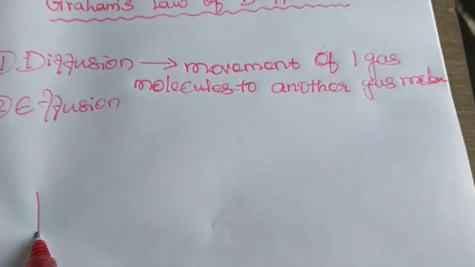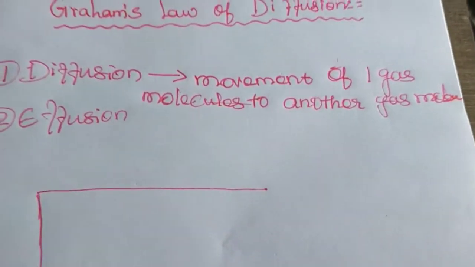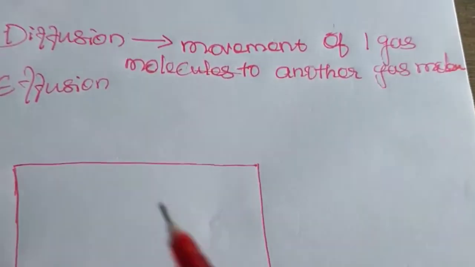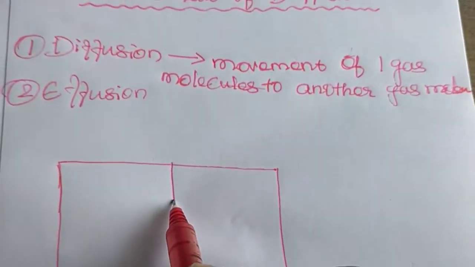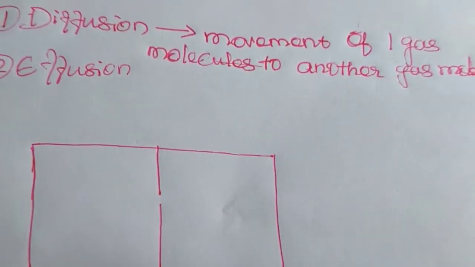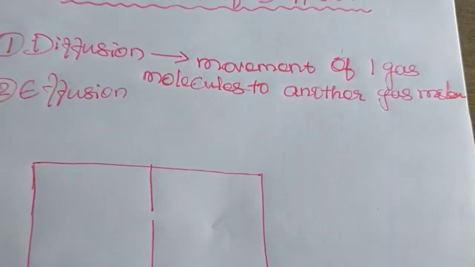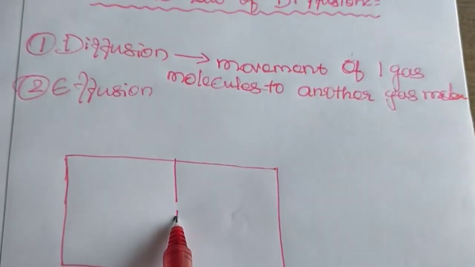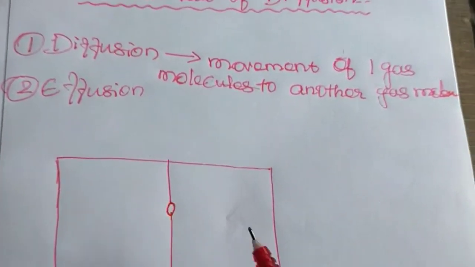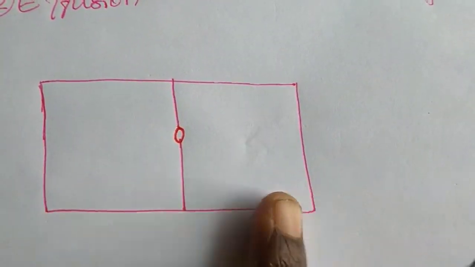So how do we understand diffusion? For understanding diffusion, we are going to take one system. In this system we have two parts, and these two parts are connected by a hole.